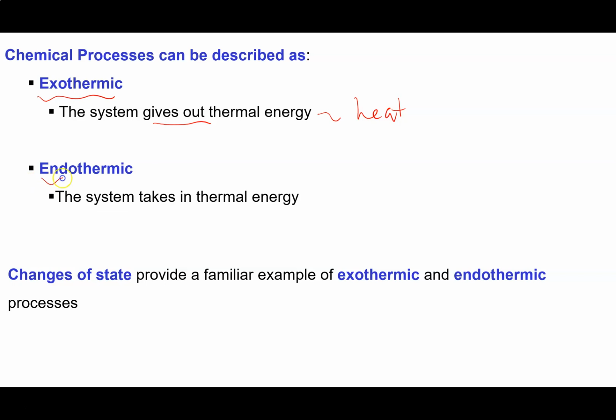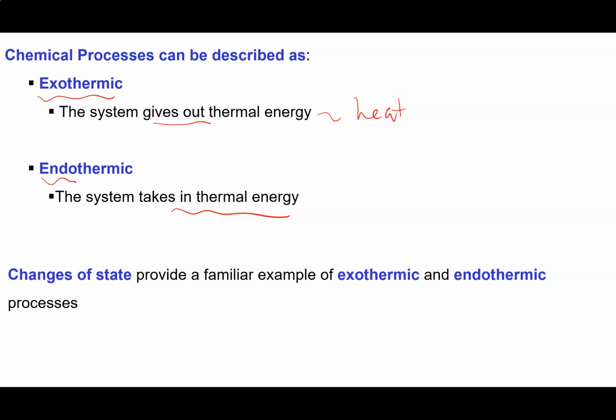A reaction is described as being endothermic if it takes in thermal energy. So endothermic reactions can be recognized because they'll suck heat from the environment, making the environment colder, which is kind of interesting. Exothermic reactions can be recognized because they release heat out into the environment, making the environment warmer, which we can sense.